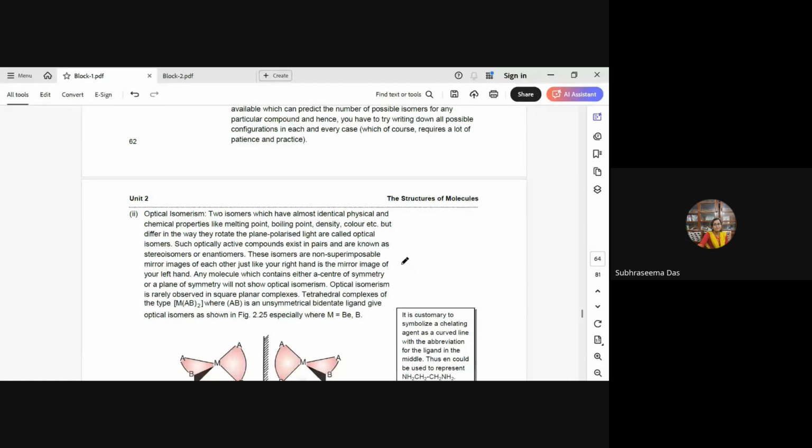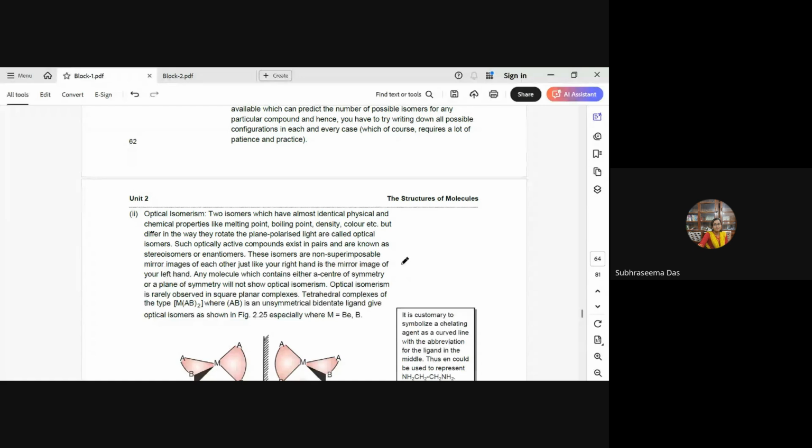Now we will come to optical isomerism. So what is optical isomerism? Optical isomers are those molecules which rotate the plane polarized light in different directions. In these isomers, almost all physical and chemical properties are similar.